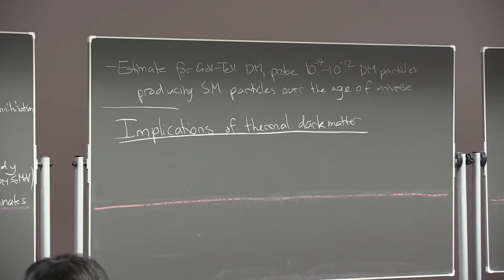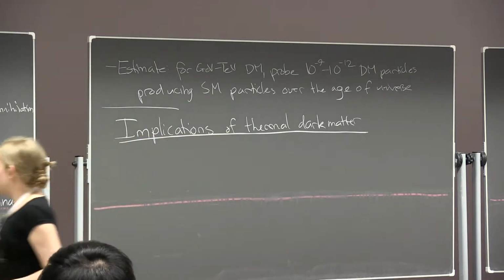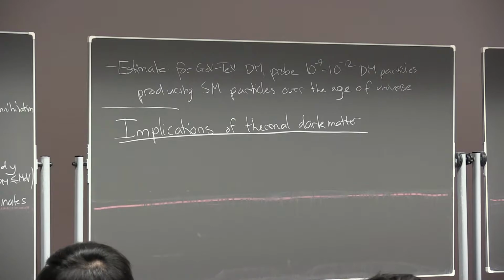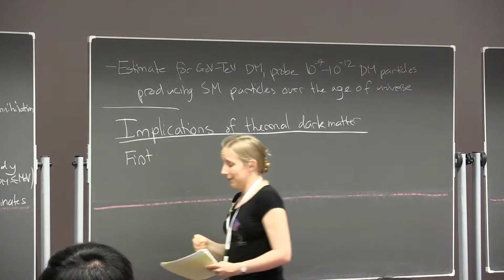Well, okay, first, let me just say we can do a somewhat more careful estimate. This answer is off by about a factor of 5, I think. So let's just use the actual more correct value, which you'll see in the literature in a lot of places.